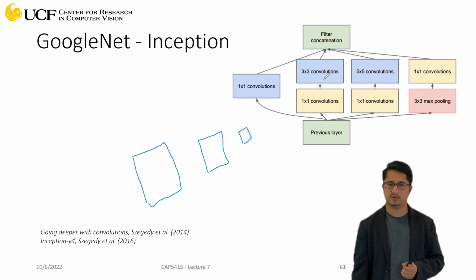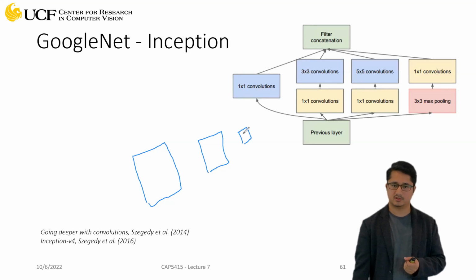Now, what will happen if your kernel size is fixed, let's say 3x3? Its receptive field will be fixed. So if you change the resolution of your input image, then your output will change because the receptive field remains fixed, right? It's just looking at a 3x3 window. So that's the motivation. We want it to be scale invariant.